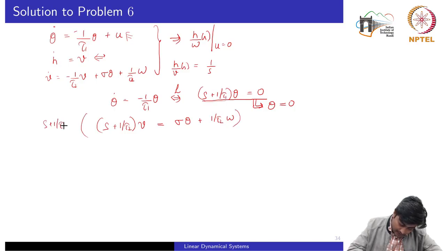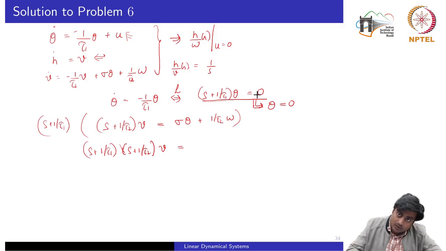we multiply the whole equation by s plus 1 by tau 1. Okay, so here I would have s plus 1 by tau 1 sigma. The sigma is a scalar, so s plus 1 by tau 1 into theta would become equal to 0, and here I would have s plus 1 over tau 1 tau 2 tau.